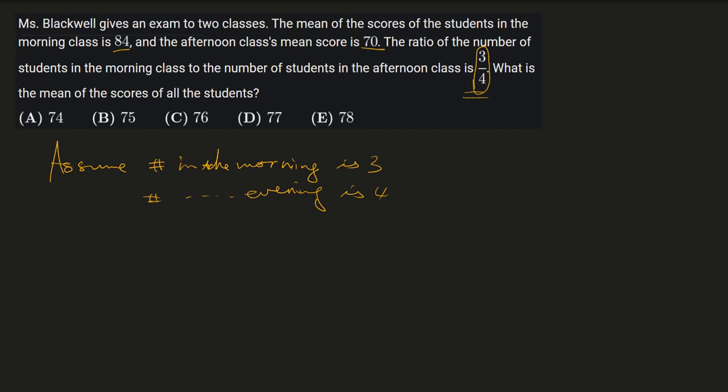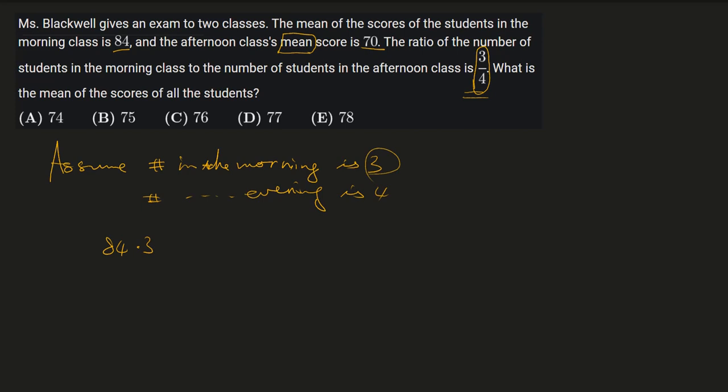I think I mentioned this in my other videos. Whenever you have a problem of mean or average, the thing you really need to consider is the sums. Then we know that the total of the scores in the morning class is 84 times 3, with only 3 students, right?